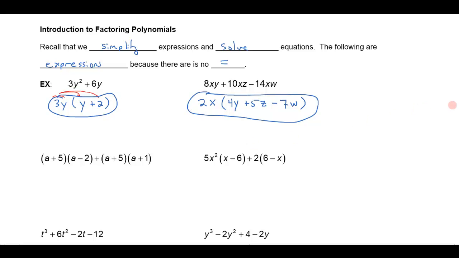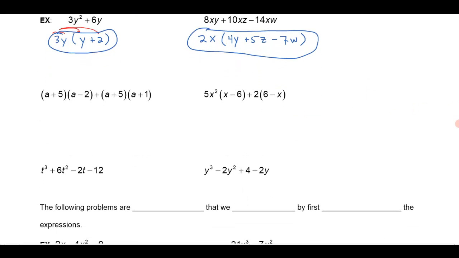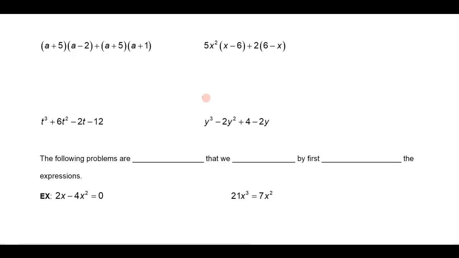Alright, when we move on to this next example, you'll notice that there is a common factor. There's an a plus 5 here and an a plus 5 here. And what you don't want to do, if I'm factoring, is FOIL this out. I wouldn't want to multiply this out and multiply this out.